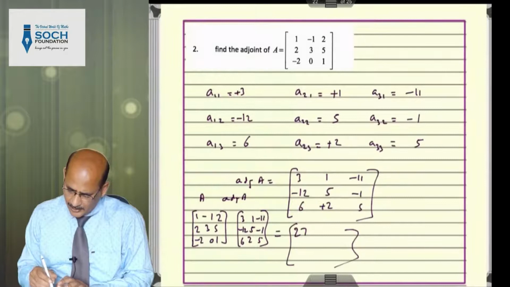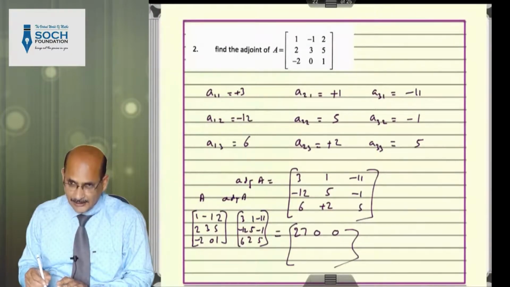Right? Similarly, this will be 1 minus 5 plus 4, which is 0. This is minus 11 plus 1 and 10, which is 0. Similarly here, 2 threes are 6, minus 36, 6 minus 30 and plus 30 is 0.